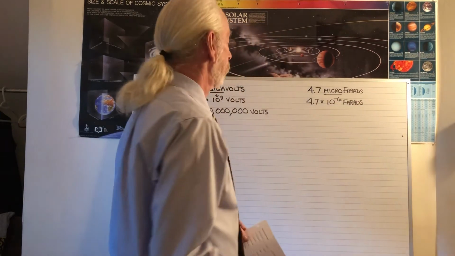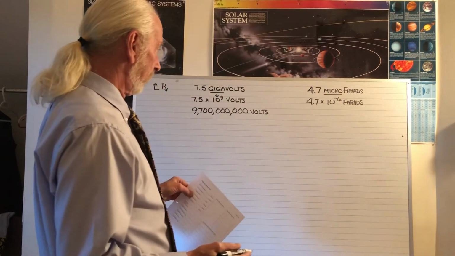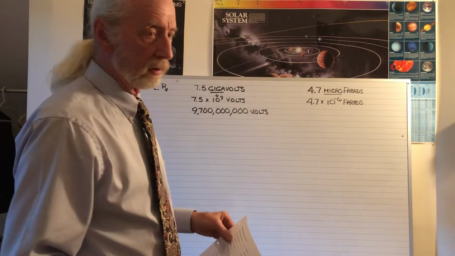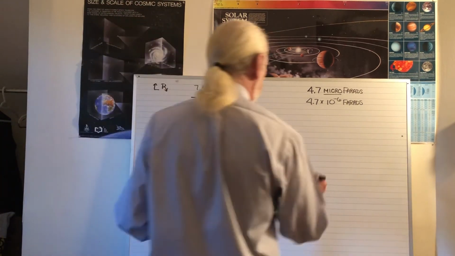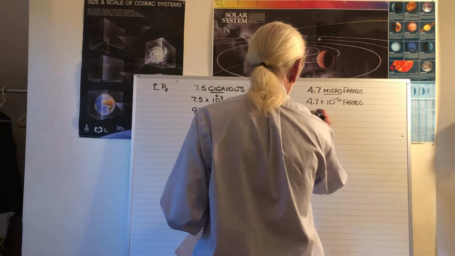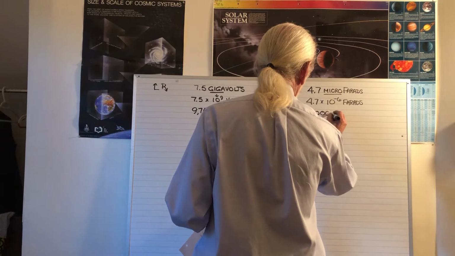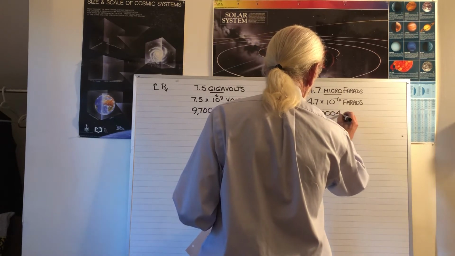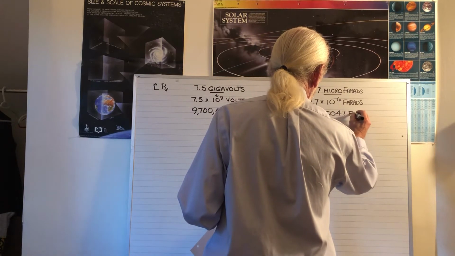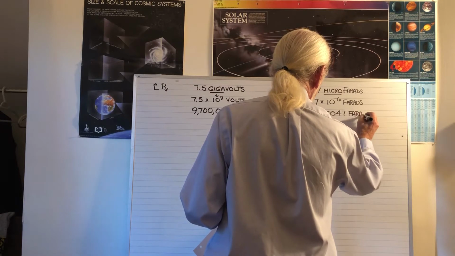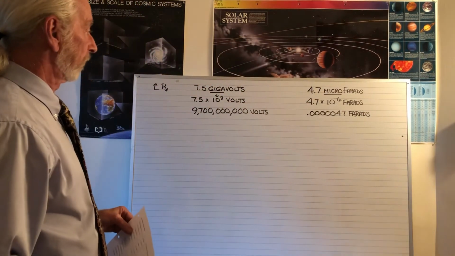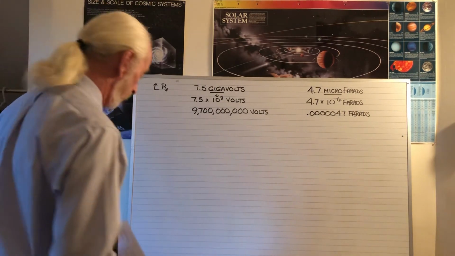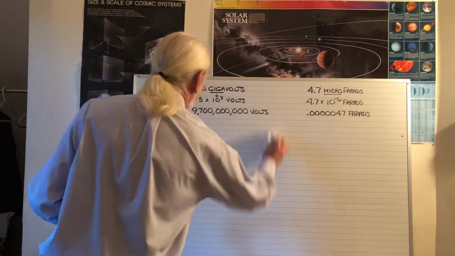All right, now I'm going to go to 10 to the 0 for standard notation. From negative 6 to a 0, it's going up. So my decimal moves to the left. 0.0000047 farads. 5 zeros and then the number.